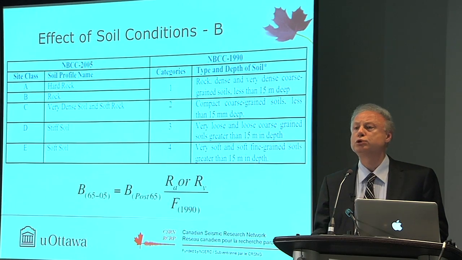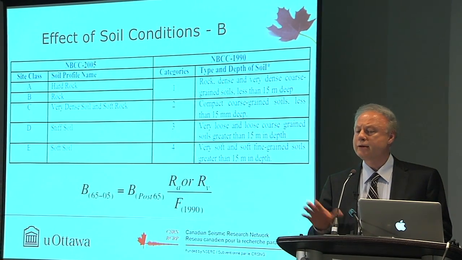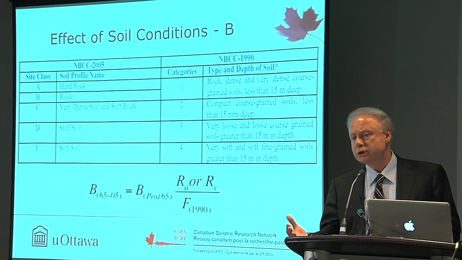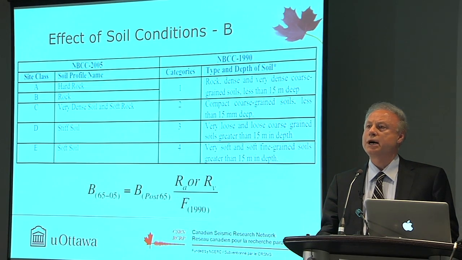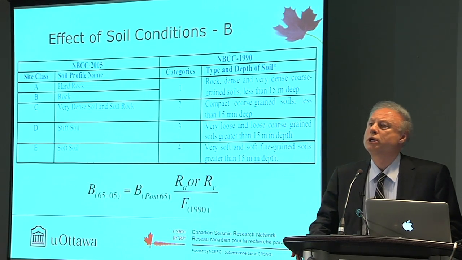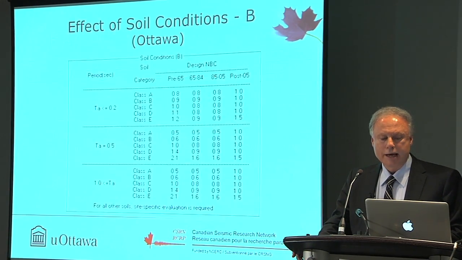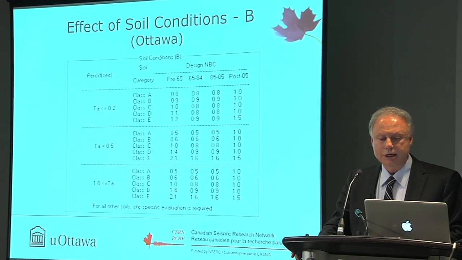And this table shows you the difference between what we have been using over the years and what we started using since 2005. And that had to be introduced into the seismic screening manual, which is what has been done.